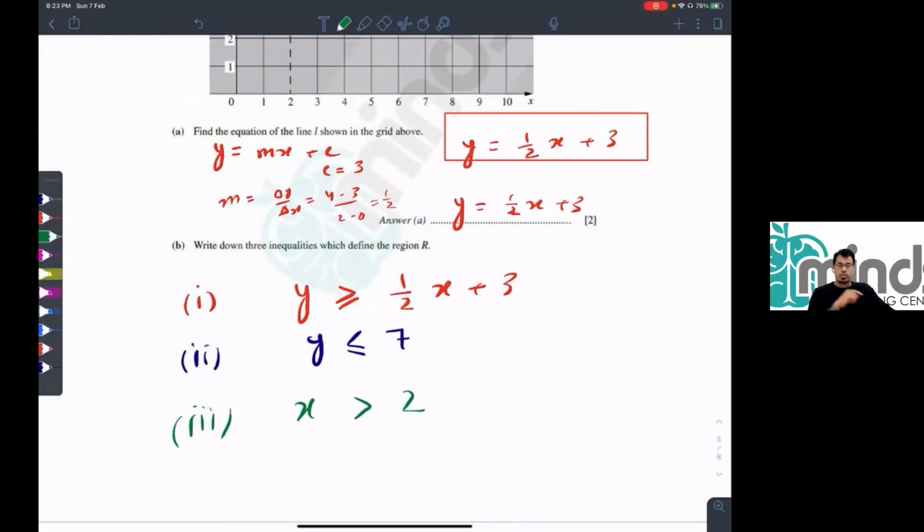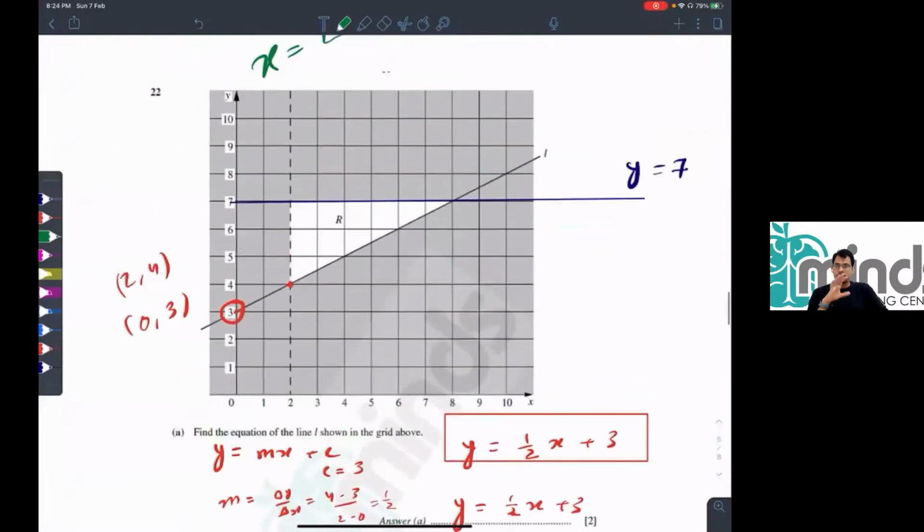How many of you got all 3 inequalities correct? Sir, I got the signs wrong, all of them. You got wrong signs for all of them? Yeah, but the equations are right. Are you getting it now? Sir, I don't know how the sign will be. I'm a bit confused with that. Okay, see. Just tell me one thing. This is the line. I'm talking about the first line, this one. So is R above it or below it? Above it.